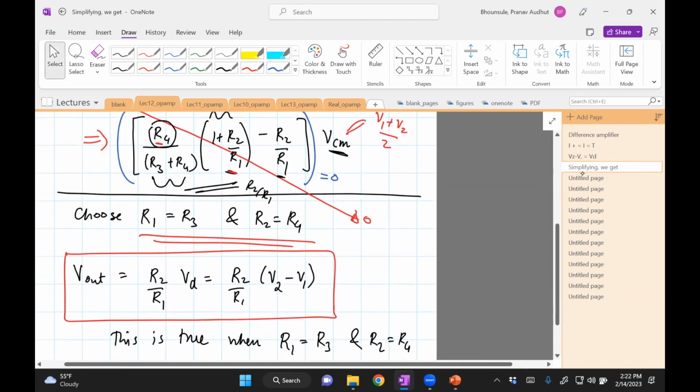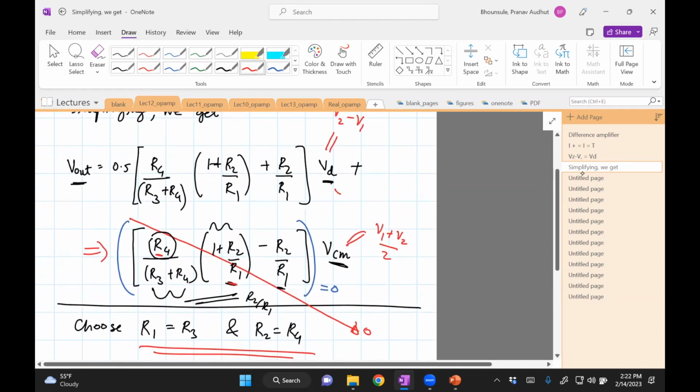So even when VD equals 0, this term, which depends on perfect matching of the resistors, may not actually go to 0, which means that now your V out will be something which is non-zero. And that's not good because now your circuit is saying that the difference, which is supposed to be 0, is actually non-zero, right?